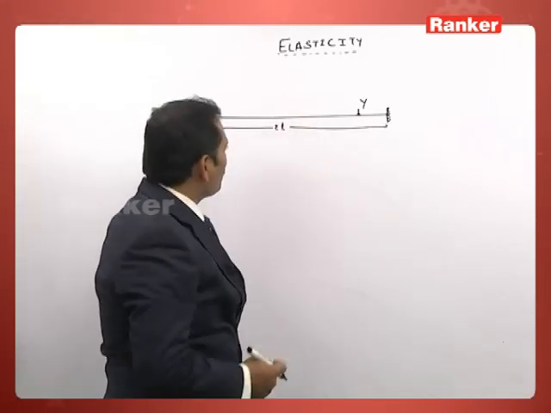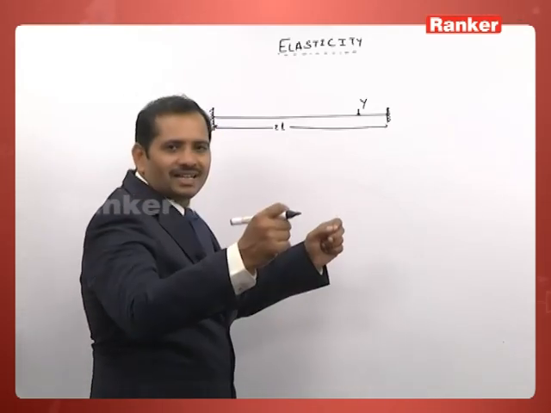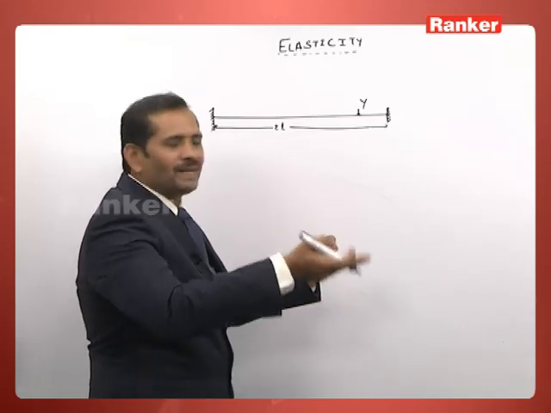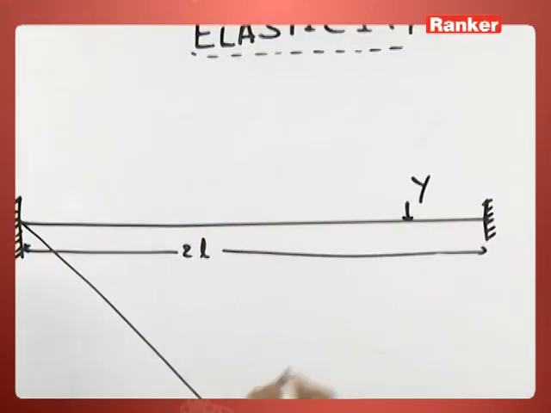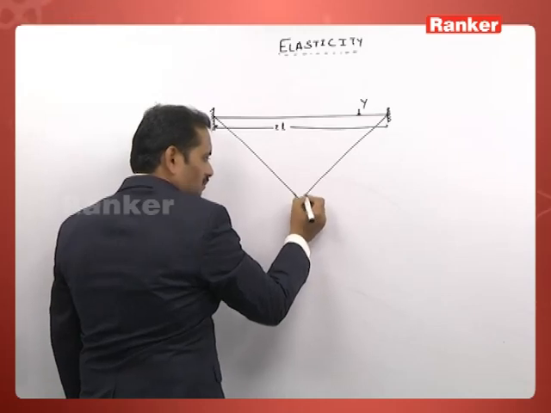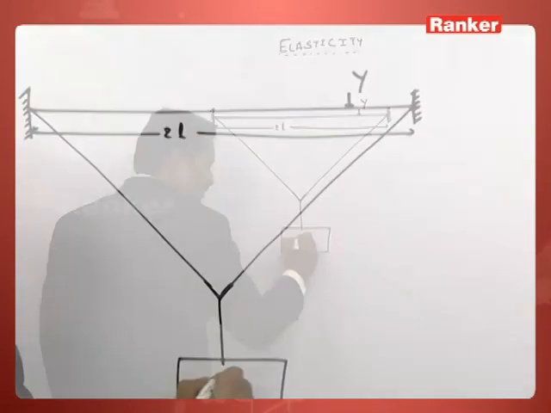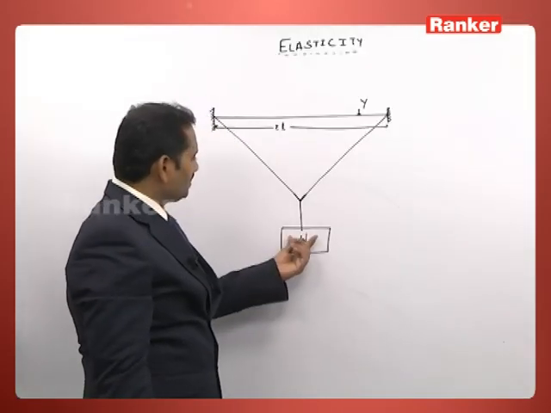We observe this type of thing in our house. A hanger is there, and on that hanger we suspend a weight. If I suspend the weight at its middle, let us suppose W is the weight, then this is the situation.